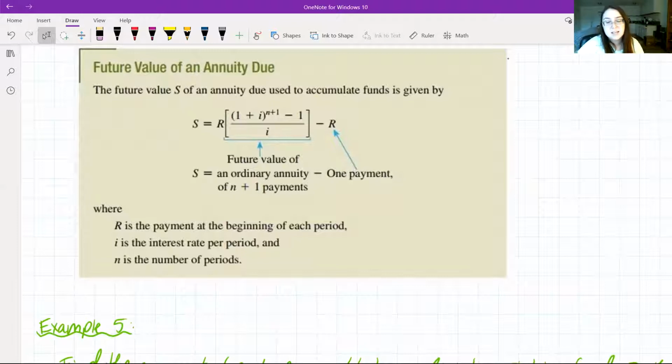That's the idea that our very first payment won't make any interest. So by doing the future value of an annuity due, we subtract off that one initial payment that didn't make interest.